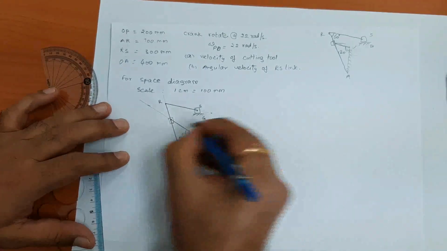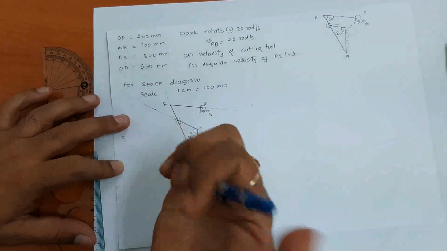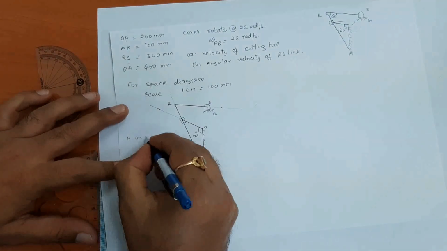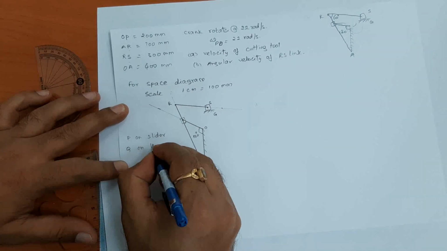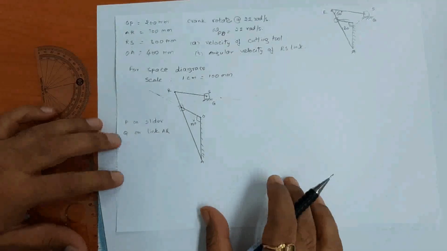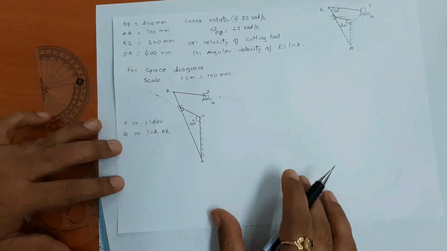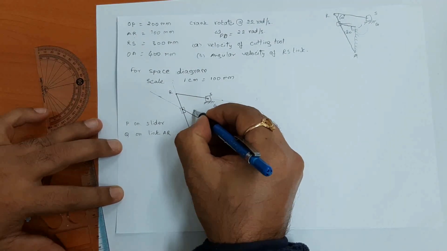Okay, we assume 2 points, P on slider and Q on link AR.